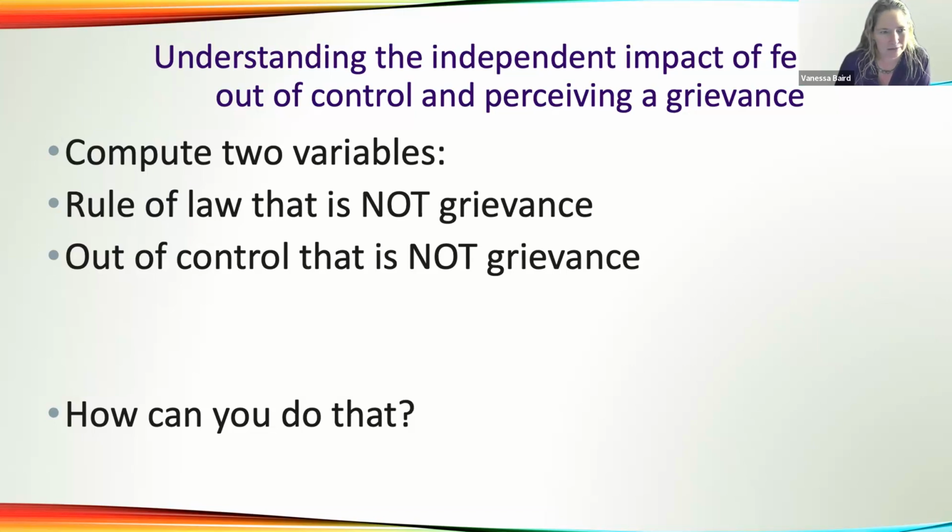I mean, in principle, what might I do to create a variable that is support for the rule of law that is independent of grievance? You run a regression, and then whatever is left, the residuals, becomes your variable. Exactly. Run a regression, save a residual.